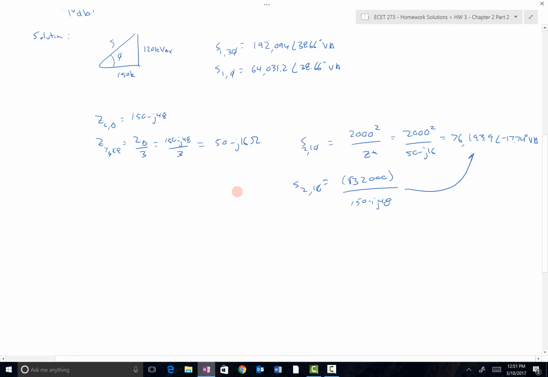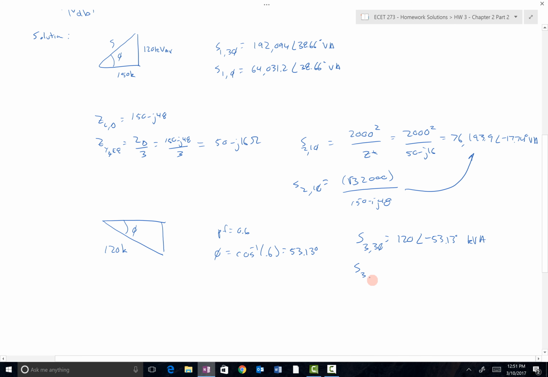Load 3, we were given a power triangle here. We were told that the hypotenuse or the apparent power is 120 kVA. And we were told that the power factor is equal to 0.6, so that means phi is found by taking the inverse cosine of 0.6, and that is 53.13 degrees, which means S3 on a three-phase basis is going to be 120 at an angle of negative 53.13 degrees, because this was a leading circuit, and that's kVA.